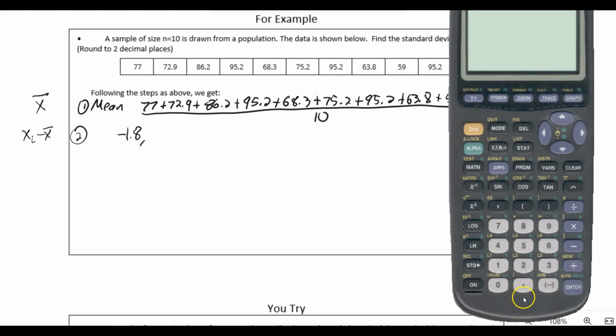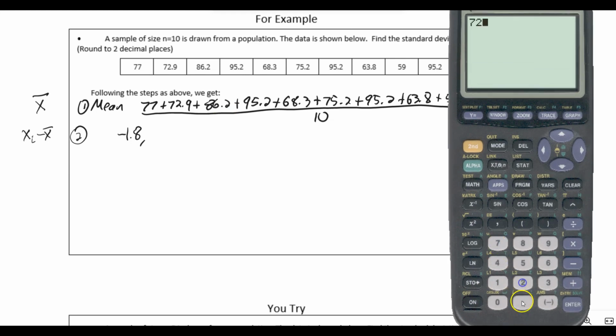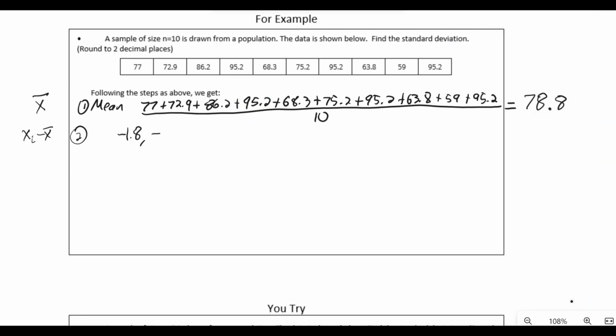So, for example, 72.9, the next number, minus the mean, 78.8, is negative 5.9. 86.2 minus the mean is 7.4. I'm trying to keep these so that you can see the top one, and then when we subtract the mean, this bottom number, just for some kind of a structure.